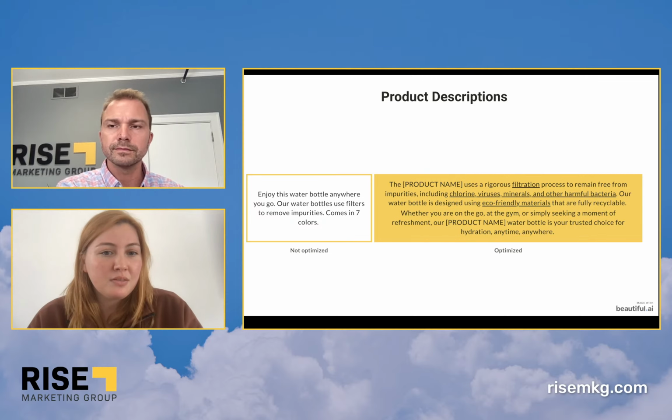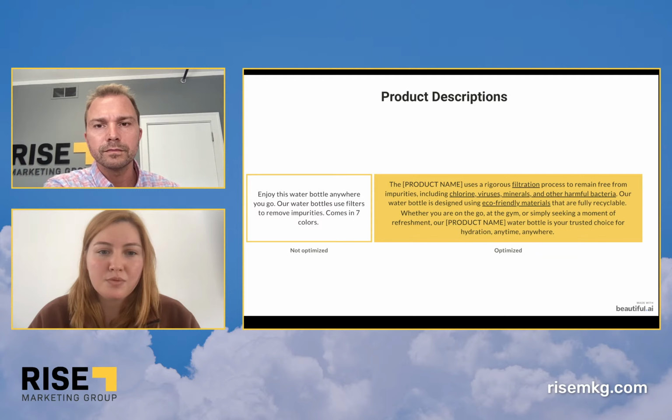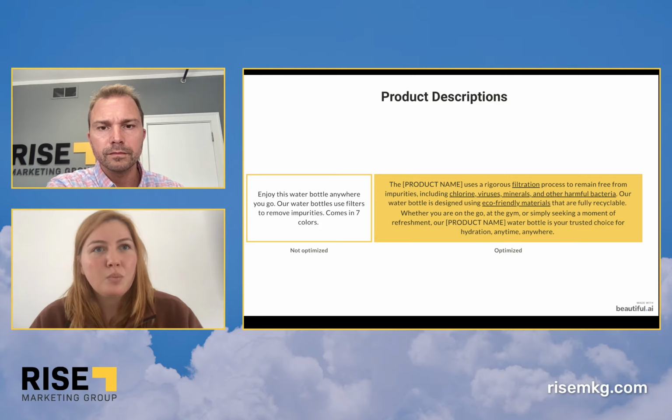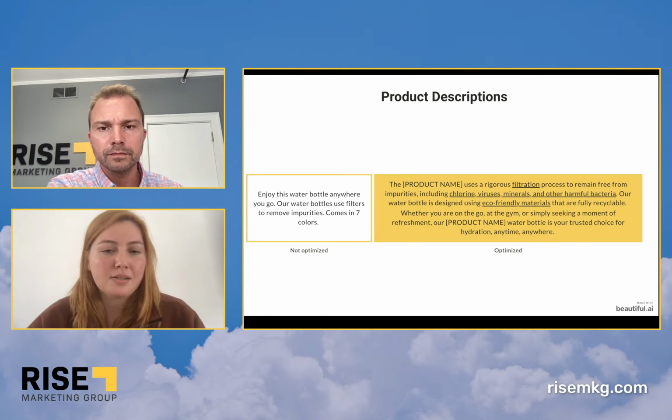For this example, if there's a water filtration that removes impurities, just listing some of the things that it's capable of removing is also super helpful for users. And then anything that distinguishes it from other bottles, so if it's made from eco-friendly materials or what other materials it's made from, even where you use the water bottle is another example.